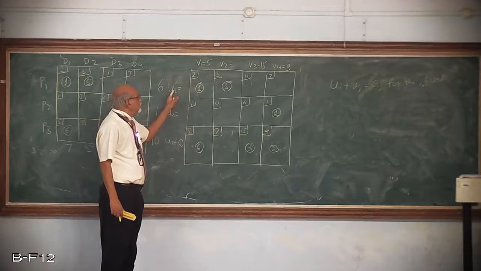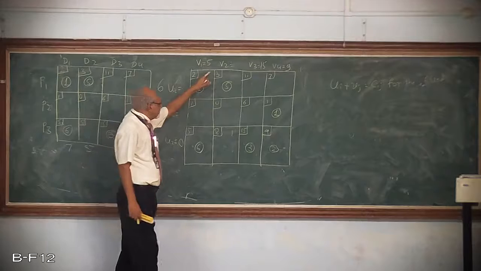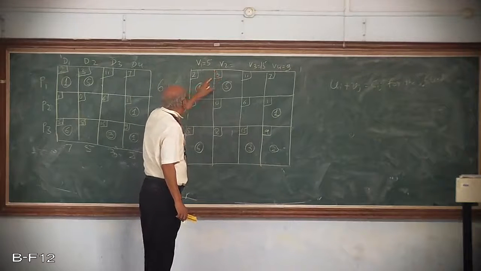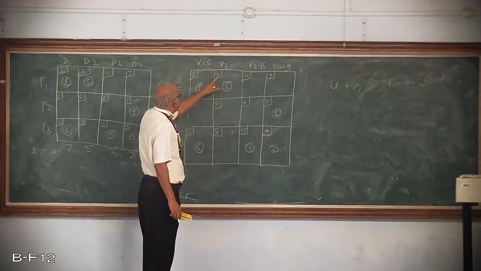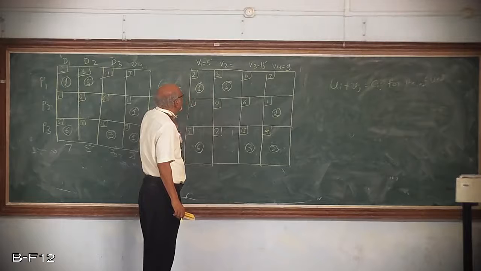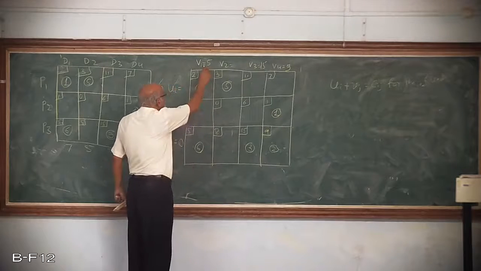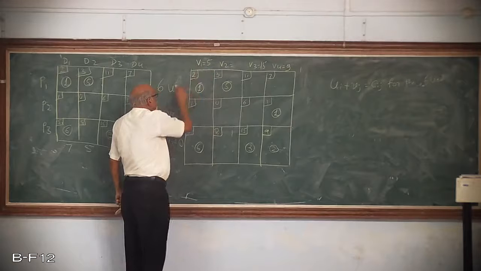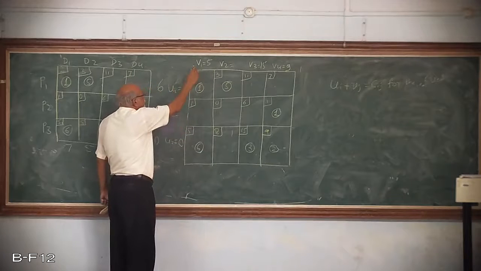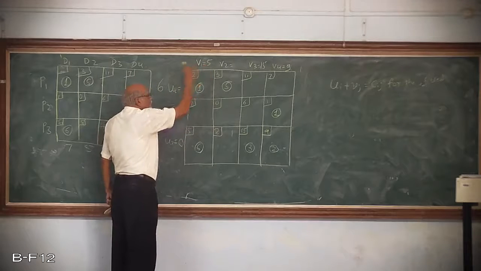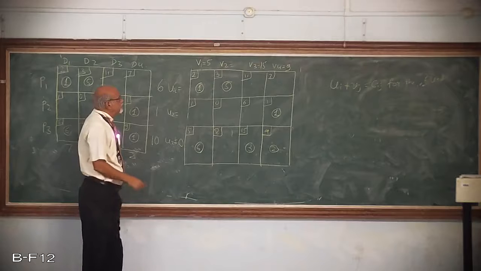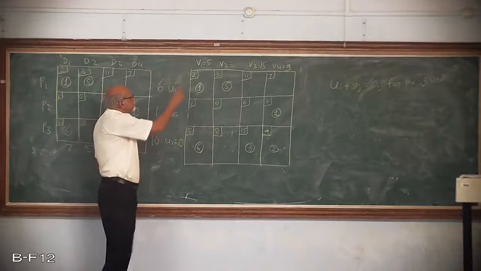Now we know U1 plus V2 has to be 3. But what is the value of U1? How do we find it? I have already found V1 is equal to 5. Then U1 plus V1 should be equal to 2.